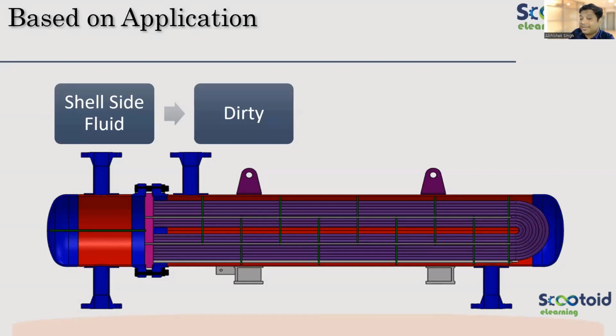Notice that I'm talking about the shell side, not the tube side. So the shell side is dirty. In the application where I require a dirty fluid on the shell side, can I have it? If not, what is the reason why you cannot have it?